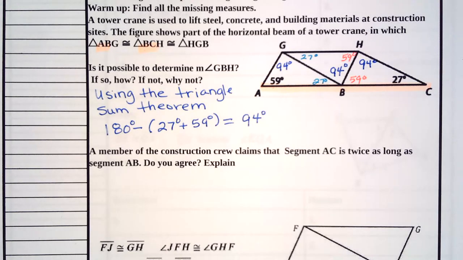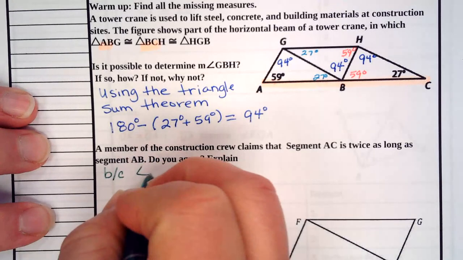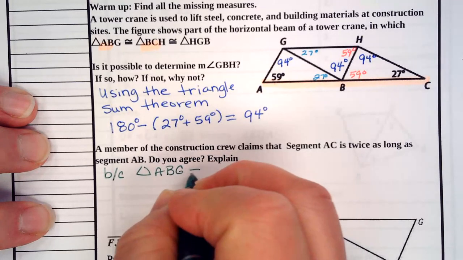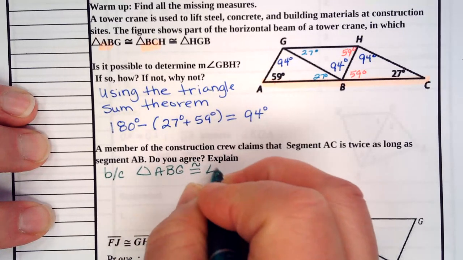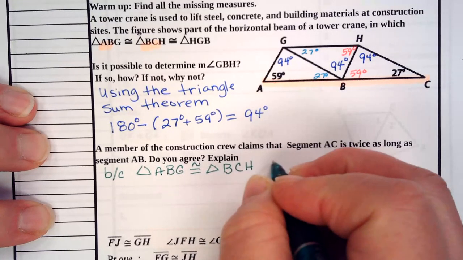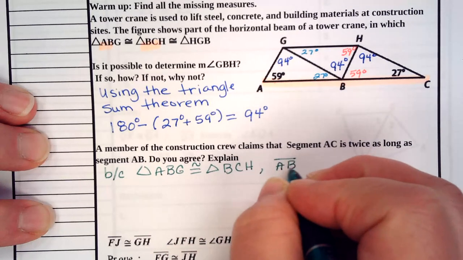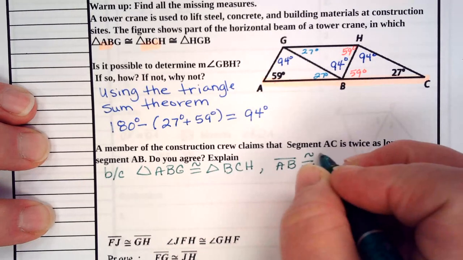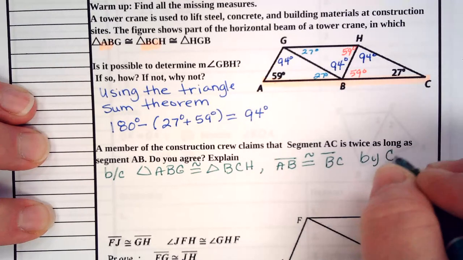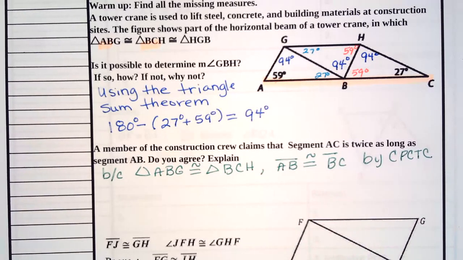So, because triangle ABG is congruent to triangle BCH, segment AB is congruent to segment BC by CPCTC.